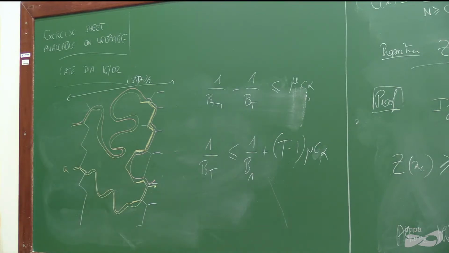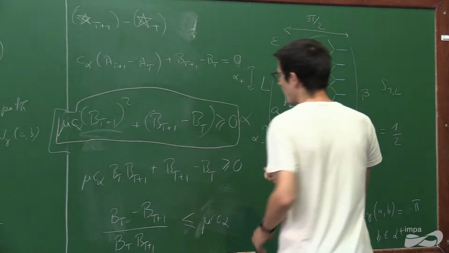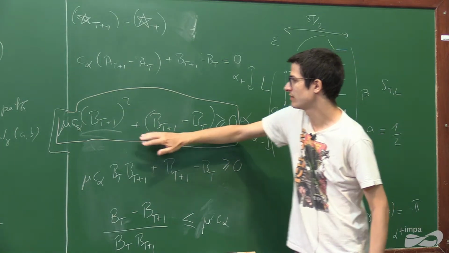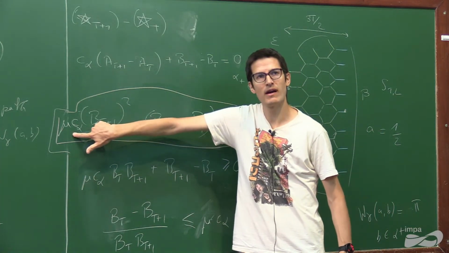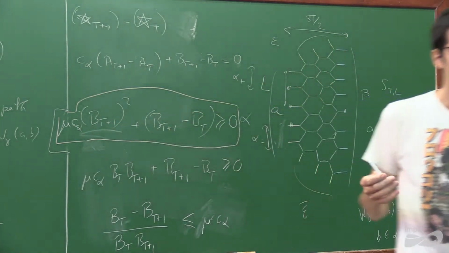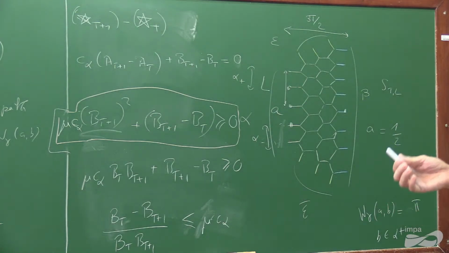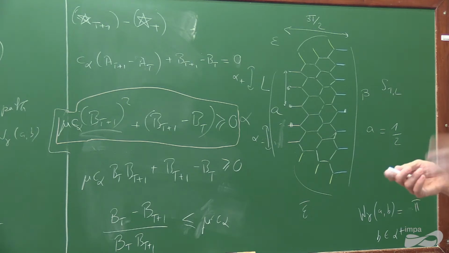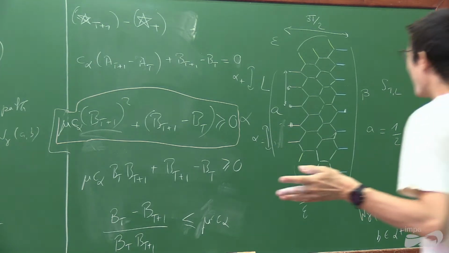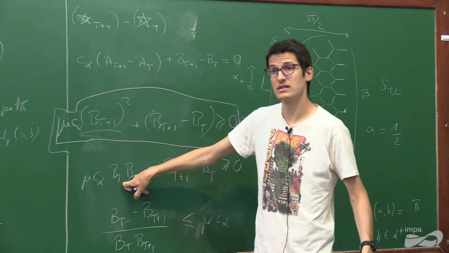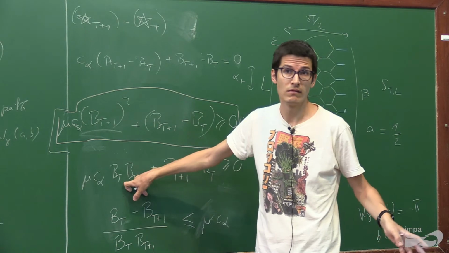If you look at this, the differential of BT is larger than the square. Here you have a T plus 1, but it's not. So it really looks like the differential equation f prime is larger than f squared, and the solution of this is 1 over x. In the discrete case, you have to replace this by BT plus 1, and this is a little trick here.